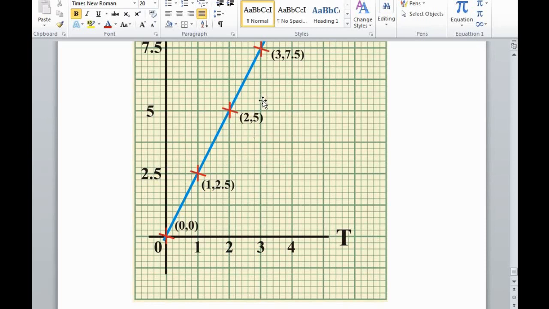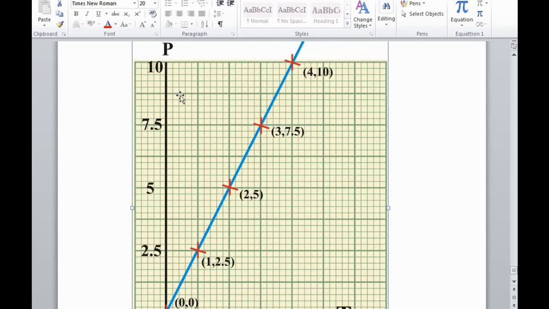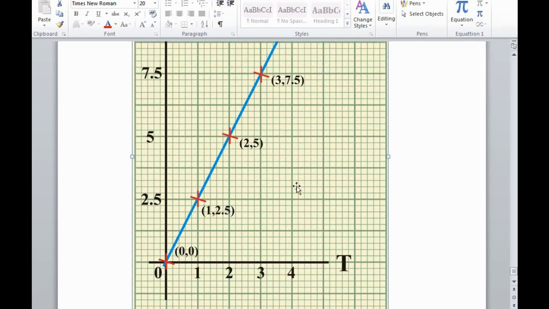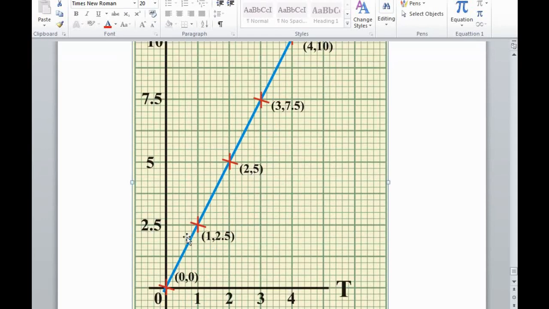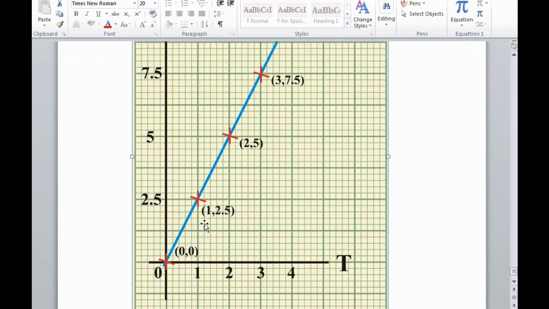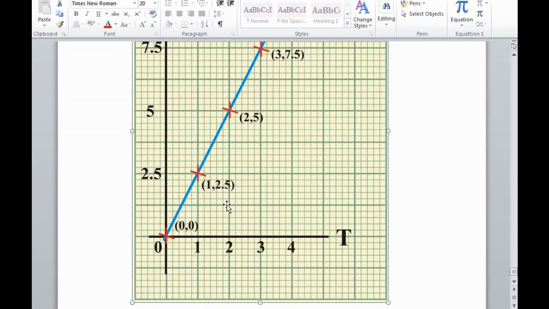This is the point of intersection for 3 and 7.5, and this is the point of intersection for 4 Kelvin and 10 pascals. So again, if we join these points of intersection, we get a straight line. So this is the required graph of pressure P against temperature T.